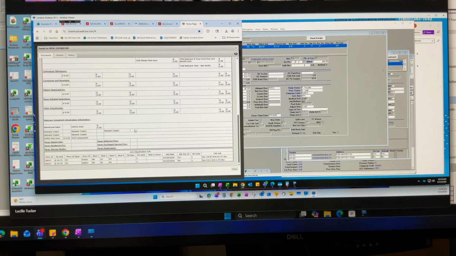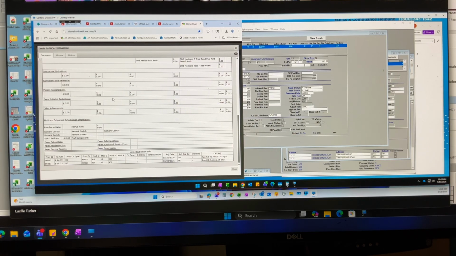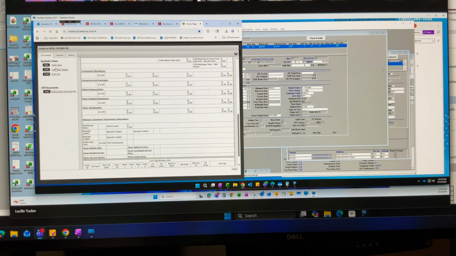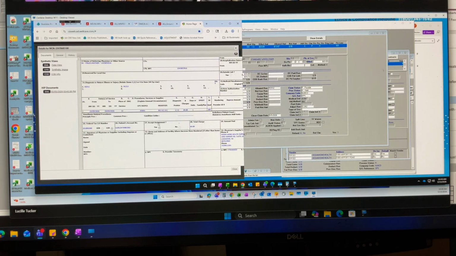I'm not going to have bill charges matched. I'm not going to have the provider's name on here. I don't even have the date of service. But because it is connected to my synthetic image that has all my bill charges, provider's name, date of service, I have a valid EDI EOB.